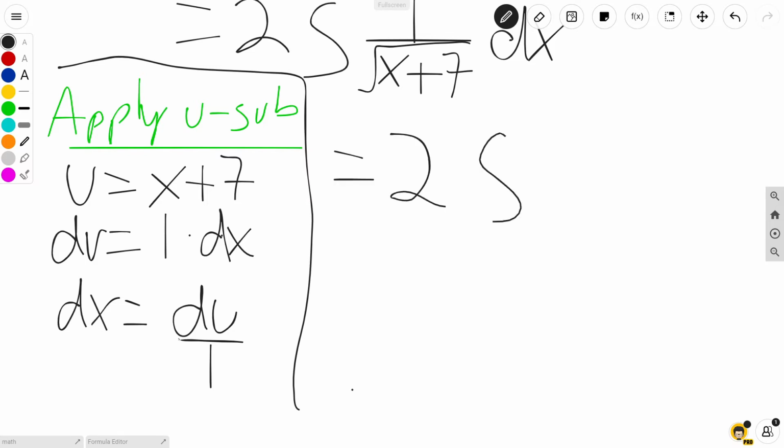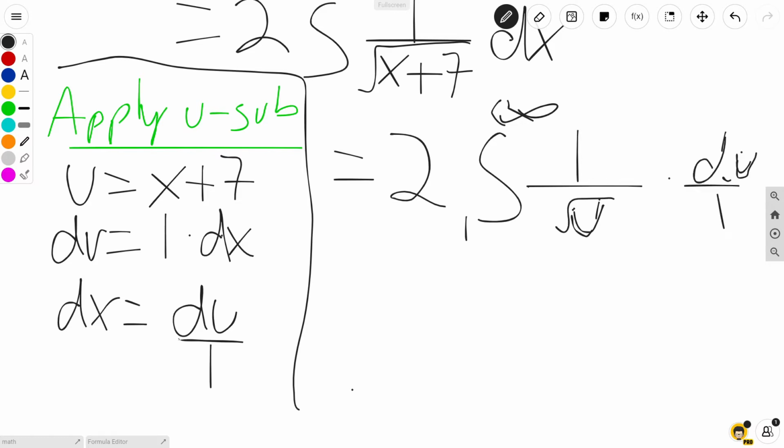We had 2 times the integral from 1 to infinity, and I forgot to include that in the other, of 1 divided by the square root of x plus 7, or divided by the square root of u, times du divided by 1.